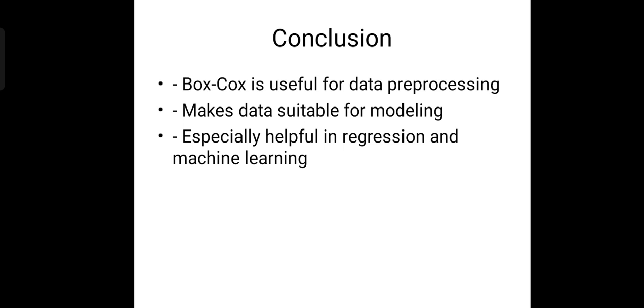It normalizes data and stabilizes variance, is a power function based on lambda, and data must be strictly positive. It transforms data closer to normal, improves model performance and assumptions fit.